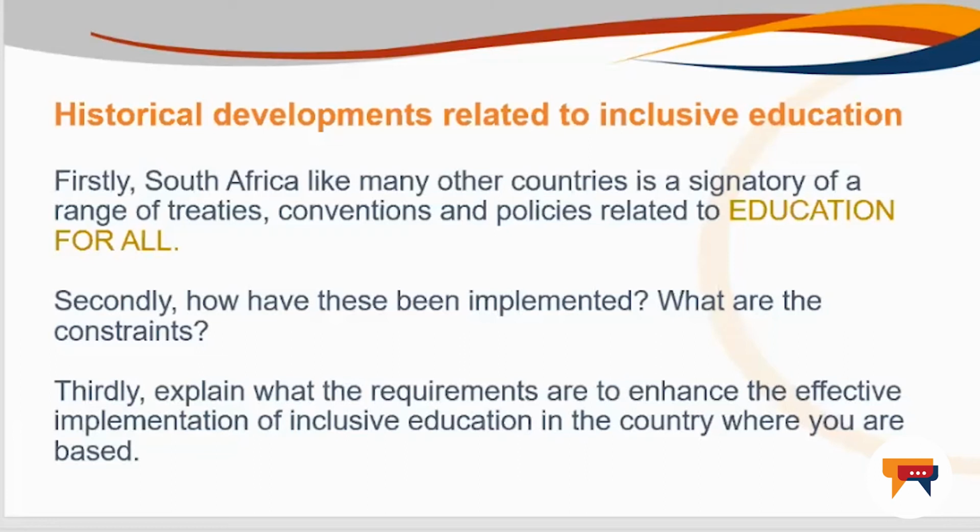So we know, for example, that teachers might not have the attitudes that foster inclusion. So if teachers don't see themselves as responsible for every learner that enters the classroom, we have a problem.